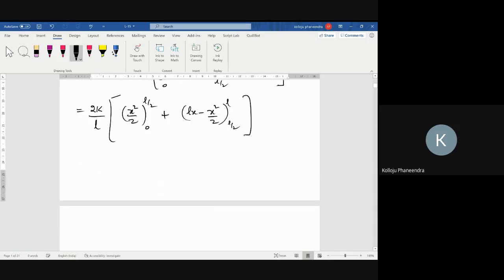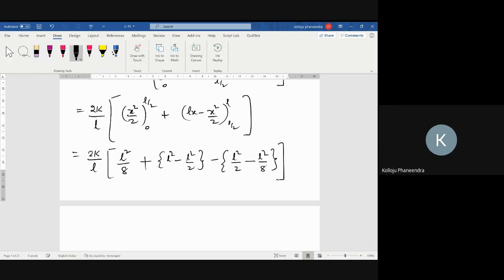Now substitution of limits, 2k by L. For the first term, only the upper limit matters, the lower limit being 0: L square by 4 by 2, L square by 8. Coming to the second one, upper limit L into L minus L square by 2, minus the lower limit at L by 2: this is L square by 2 minus L square by 4 by 2, L square by 8.